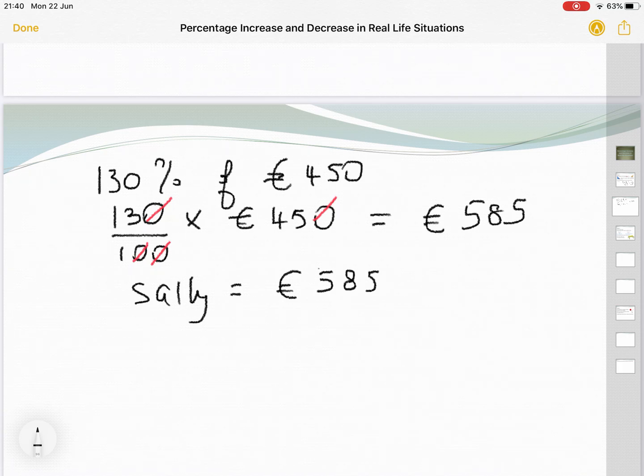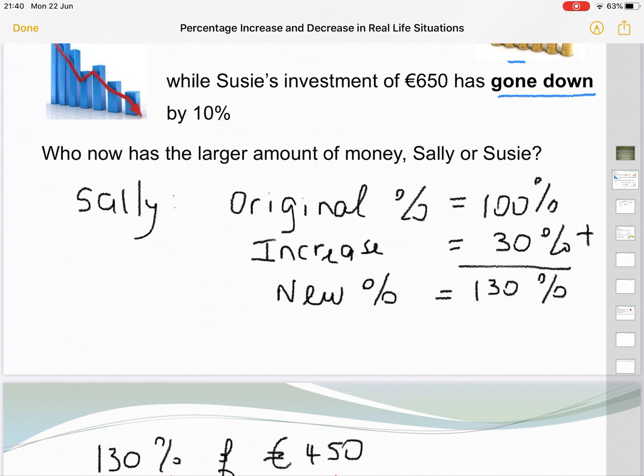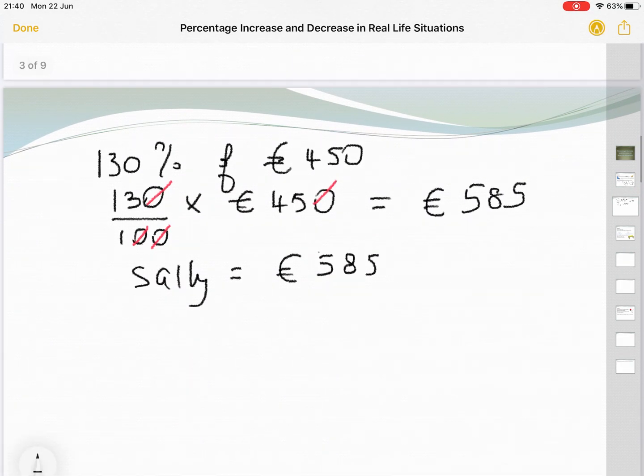Now, regarding Susie, her investment of 650 has gone down by 10%. So, Susie now, the original percentage is the 100%.